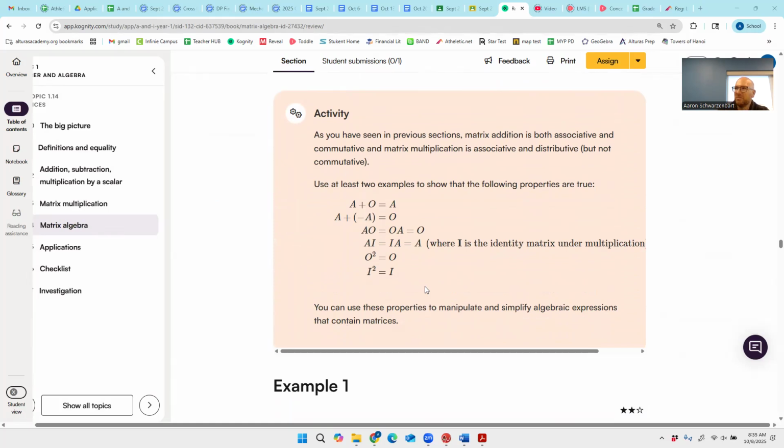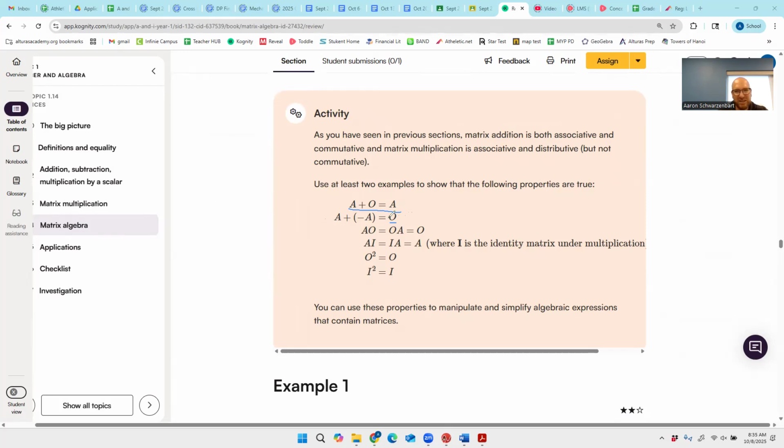So this is pretty basic stuff, but A plus the zero matrix is the matrix. A plus negative A equals the zero matrix.